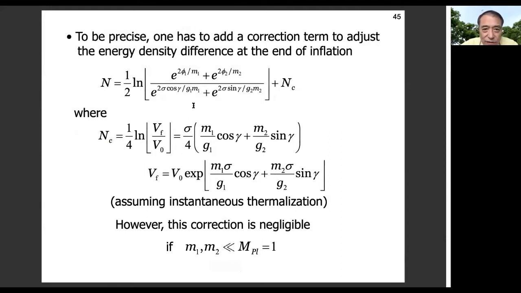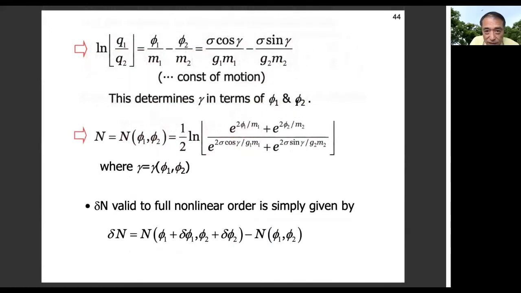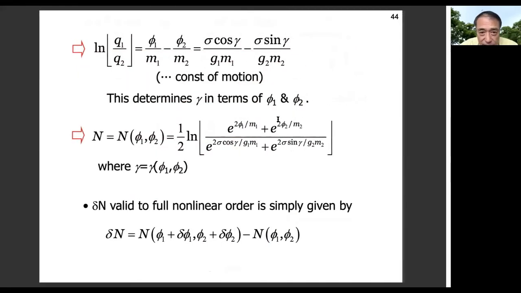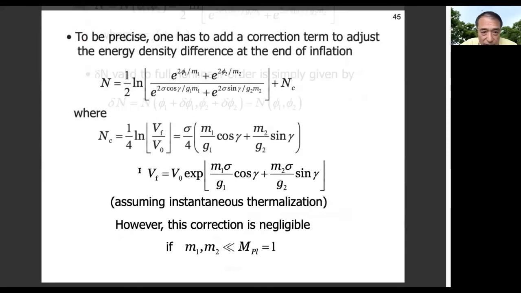Oh yeah, this is just a small note on the end of inflation condition. If you assume this end of inflation condition, then there is a small difference in the energy density of the inflaton depending on this gamma.